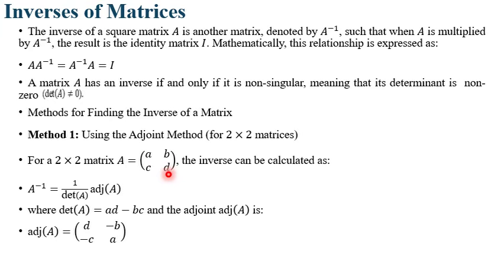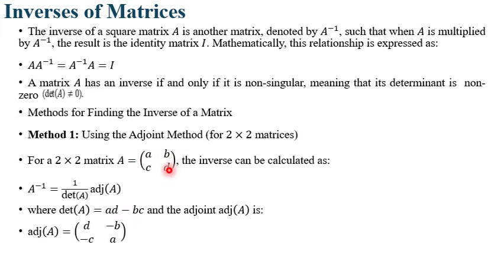So that is the first thing you do to have the adjunct or the adjugate of A. So the next thing you do is you simply change the sign of the elements on the other diagonal, from the bottom left-hand side to the top right corner.